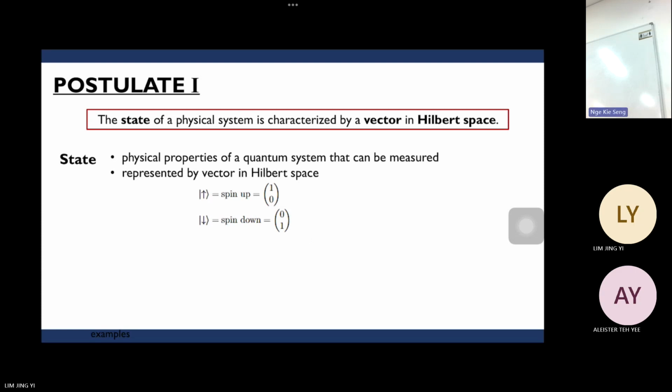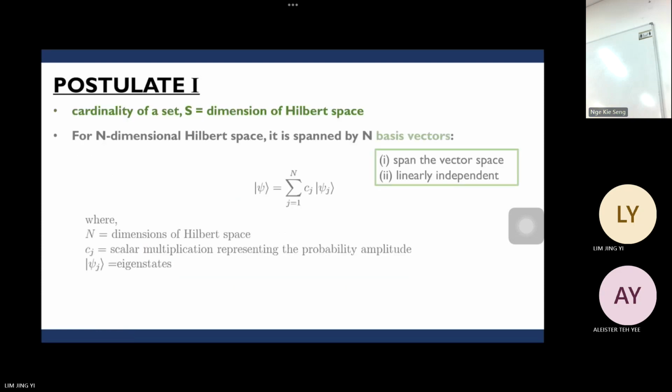These are the definitions of the Hilbert space that we gained over the past few weeks, in the last week of the seminar. I will not read them out here. And you already know that the cardinality of a set, which is the number of elements in a set, describes the dimension of the Hilbert space, or rather the cardinality of a basis.